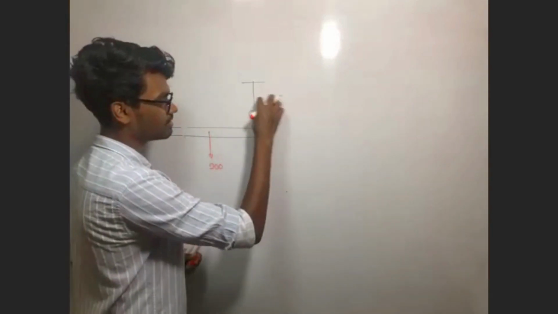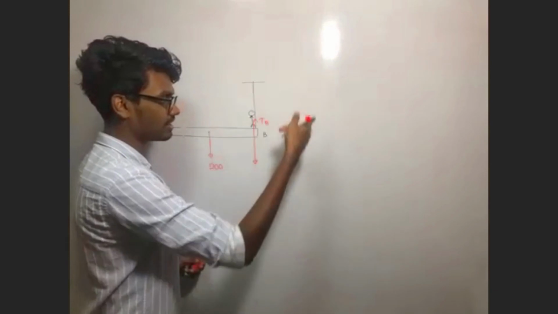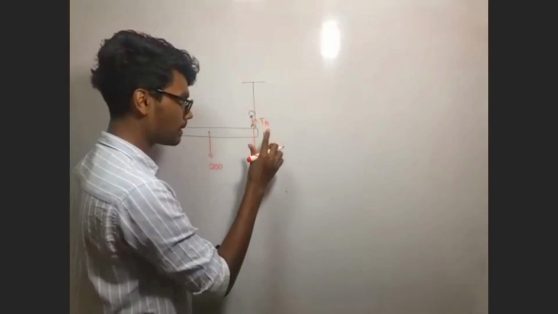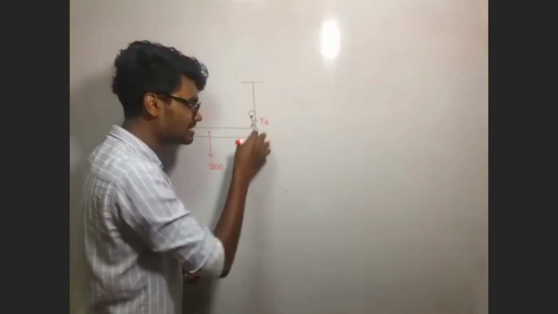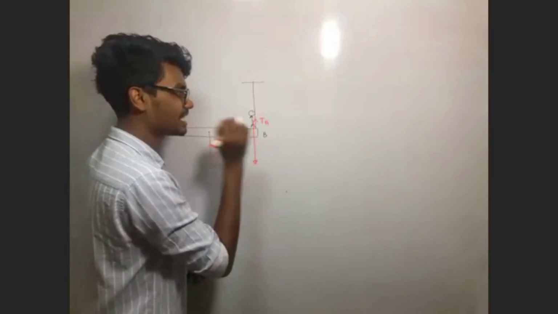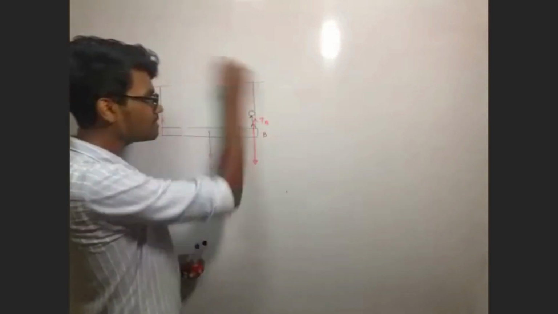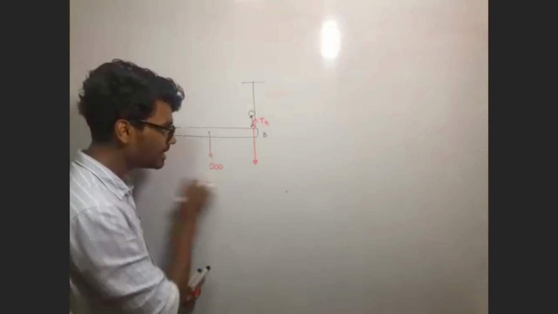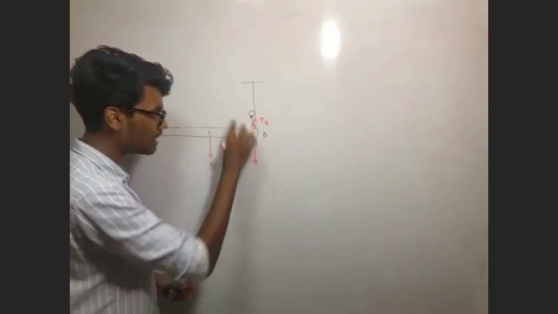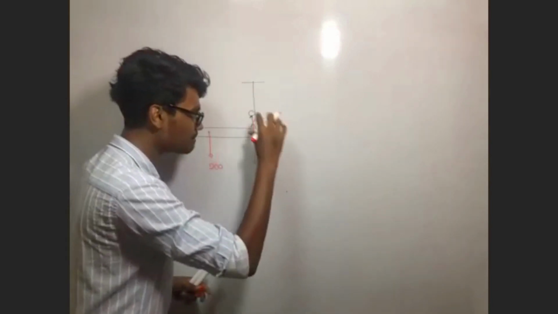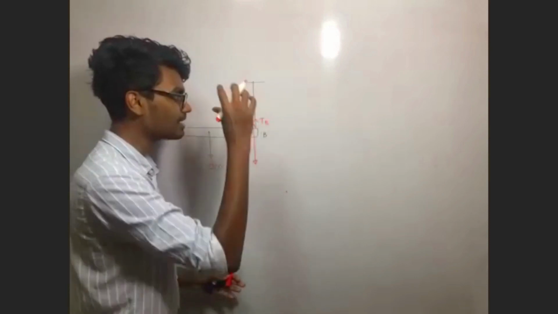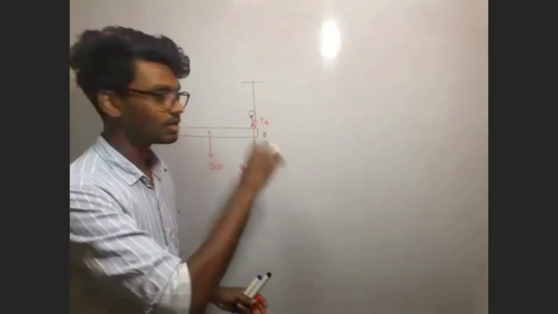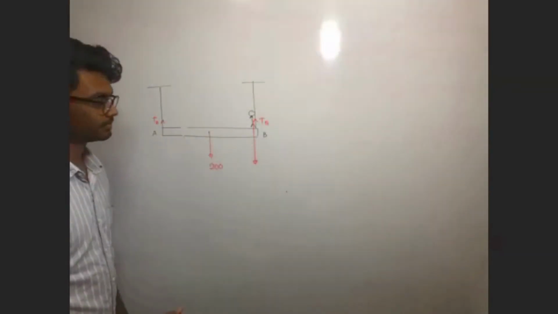Because the chances of this tension to disconnect is high. So therefore, let us find the tension that this string should have such that this system is in equilibrium.